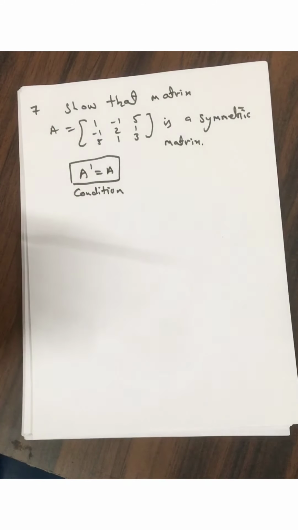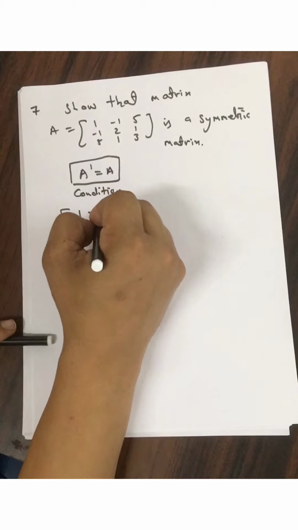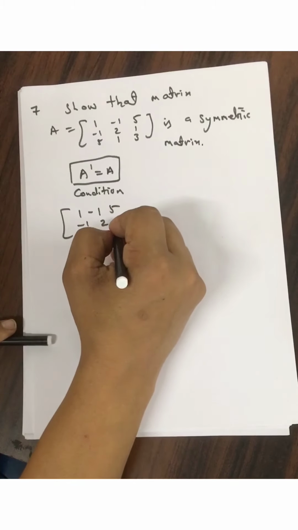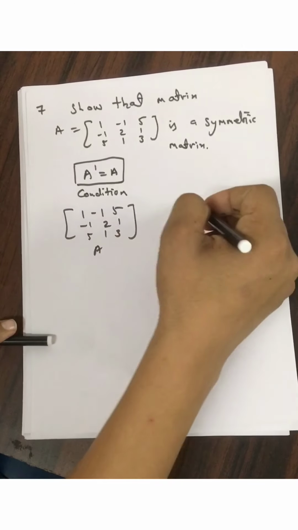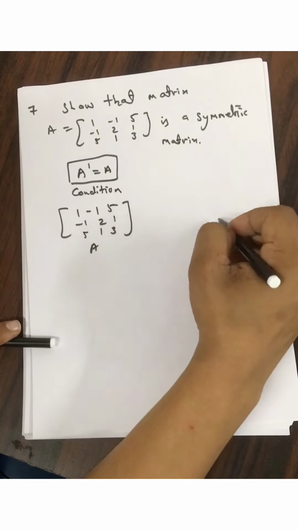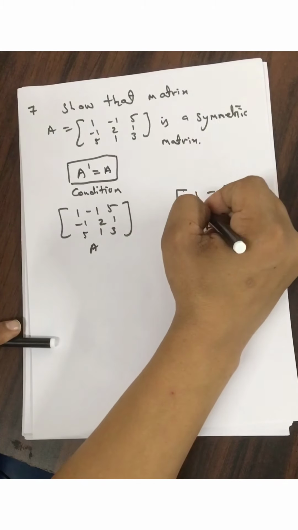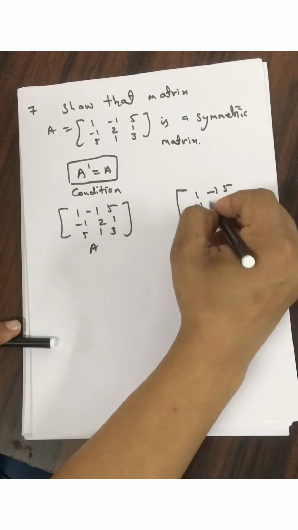Find out A dash, same process. See, we change row into column: 1, minus 1, 5, minus 1, 2, 1, 5, 1, 3. This is A, and A dash, let's find out. We change this: 1, minus 1, 5, minus 1, 2, 1.